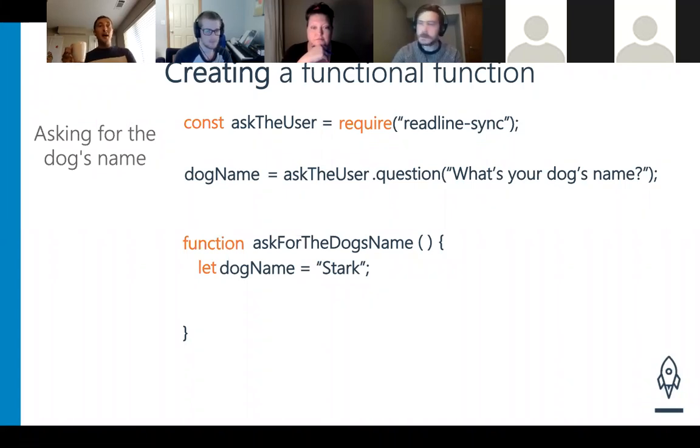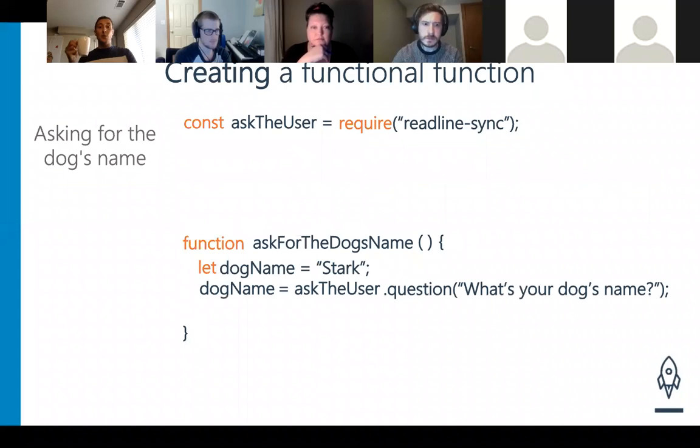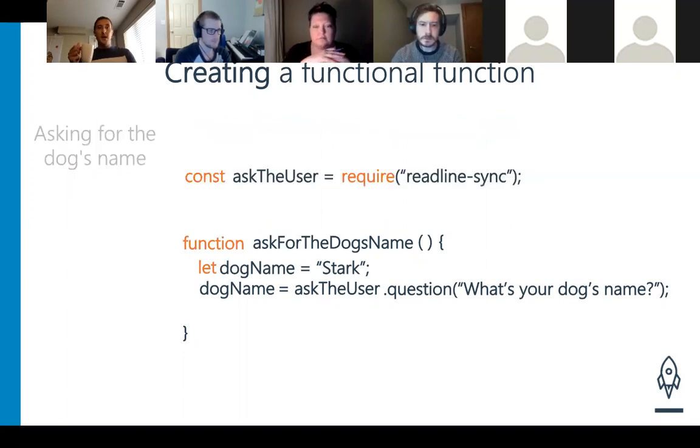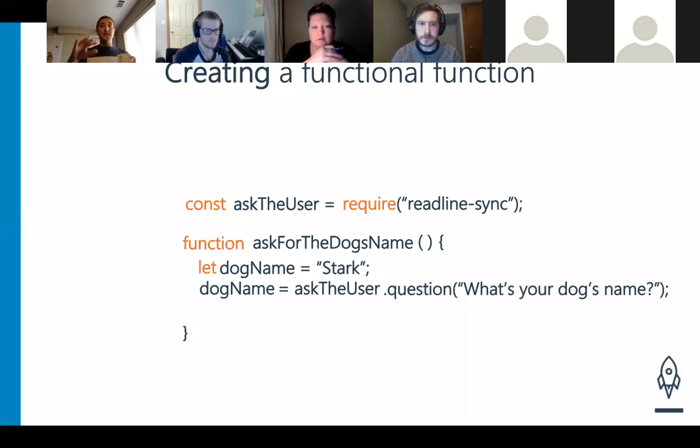Second, we're going to drag in that dog name equals asktheuser.question. Now, take one close look at something. I didn't make a mistake. We didn't include that require there. This require, this asktheuser package for readline sync, is a global variable. I might want multiple functions to access this, so I don't want to include it directly in my function.